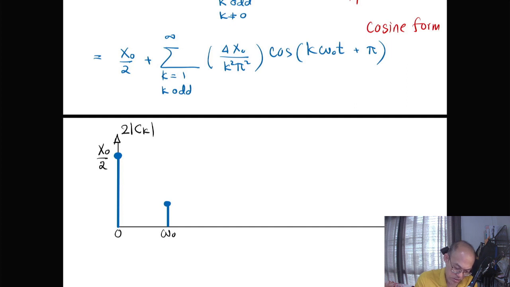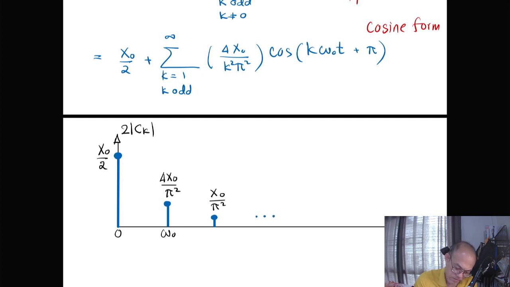It is 4x0 over pi squared. And the next one is even lower. This is 4x0 over, so I think this is x0 over pi squared, and so on.